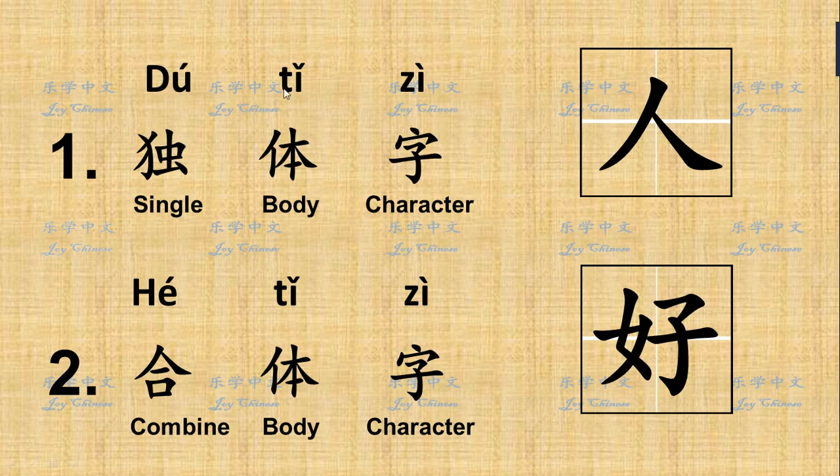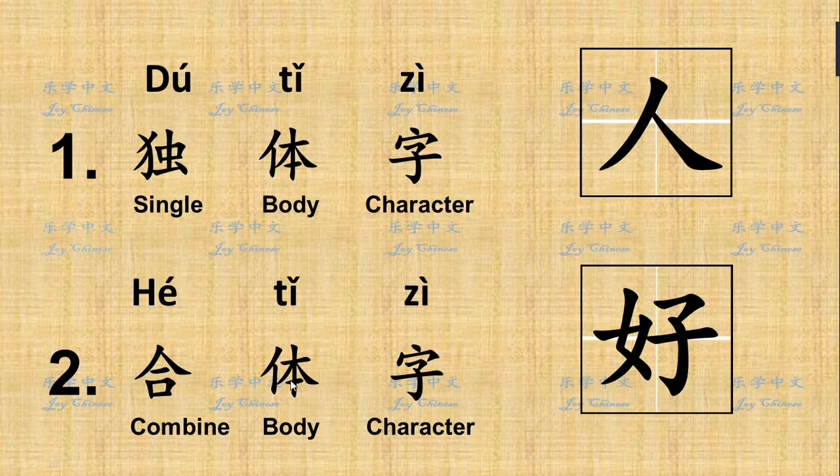It means it has just a single part to make this character, like 人, a person. And the second group is combined, meaning it might have two or three parts to make one character. It's called 合体字.